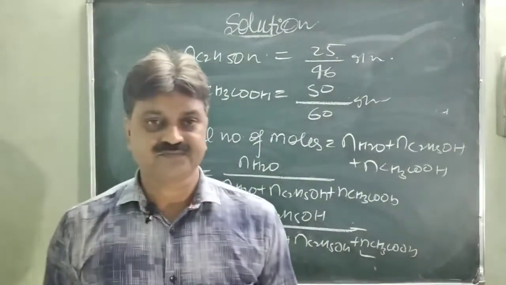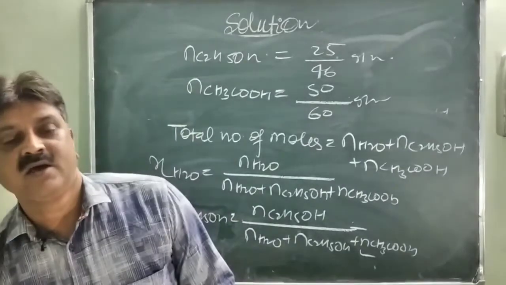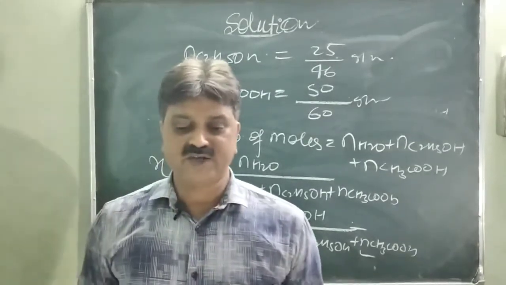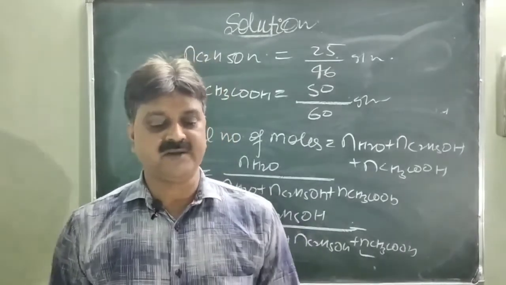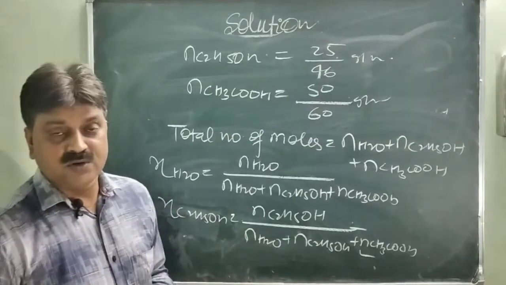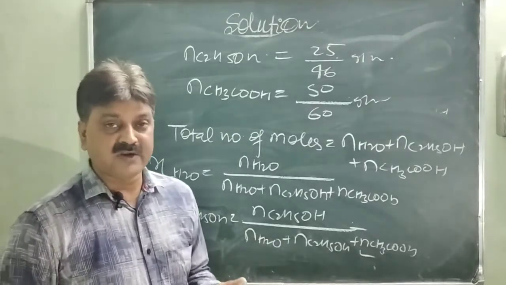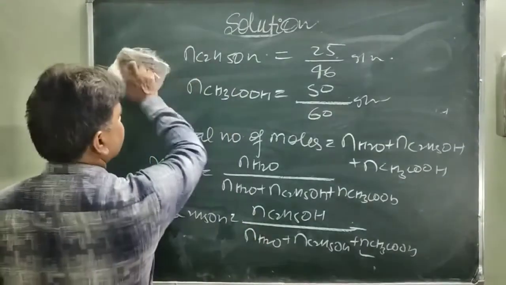Is it clear? So try to solve the other questions given in the NCERT book, and next we will discuss solubility. What is the meaning of solubility, and what is the effect of the nature of solute, solvent, temperature and pressure on the solubility. Next one, solubility.